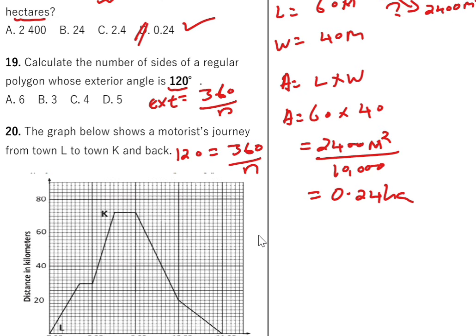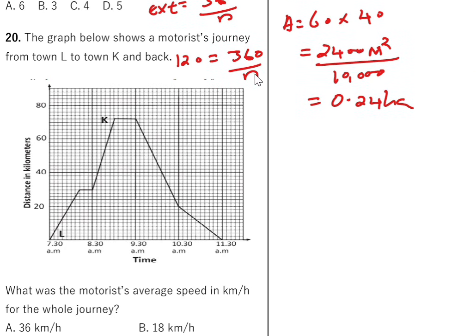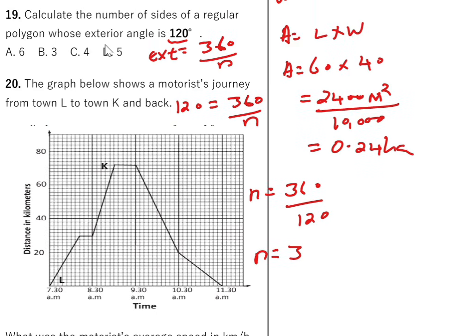So we want n, the simplest way, just take n, I put it here, 120, I put down there. So n will be 360 over 120. So if I take 360 divided by 120, you can see the answer is 3, and therefore the number of sides are 3. So we get the answer is B, n is equals to 3.